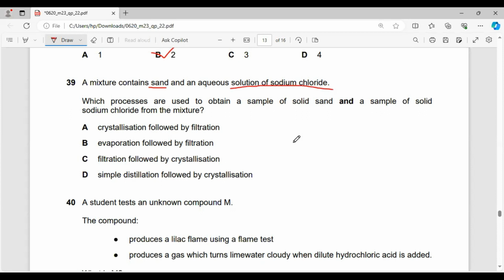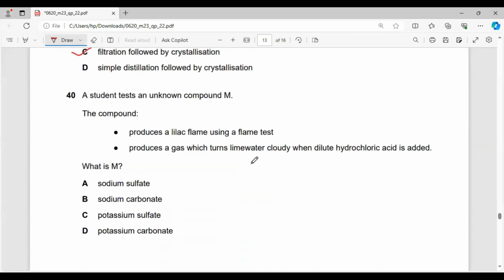Sodium chloride is soluble in water and sand is insoluble. So first of all, we can filter the mixture so that sand is separated, and the remaining solution, where sodium chloride is dissolved in the water, can be crystallized out for getting sodium chloride crystals. So option C is correct.